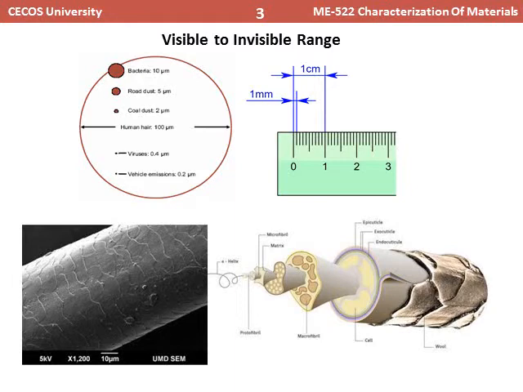So if you can see a circle on the top left hand side of this slide, it represents the diameter of a normal human hair. The diameter of this circle is about 100 micrometer.